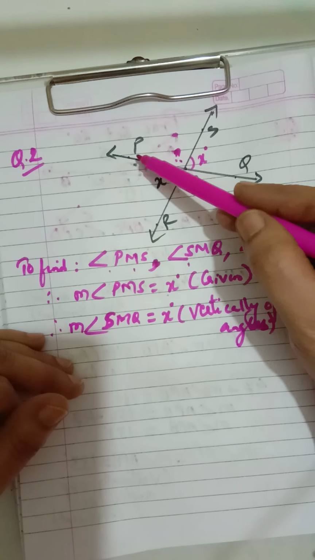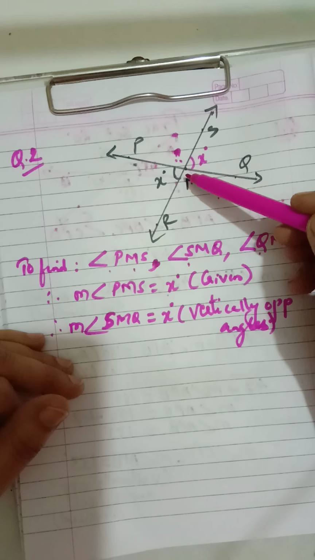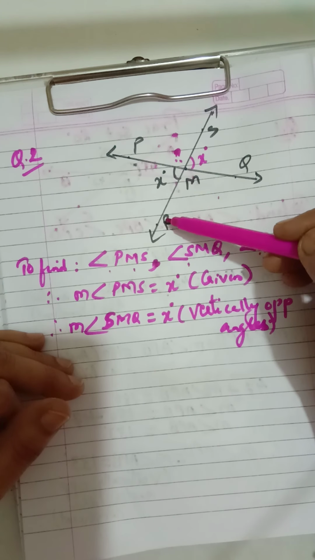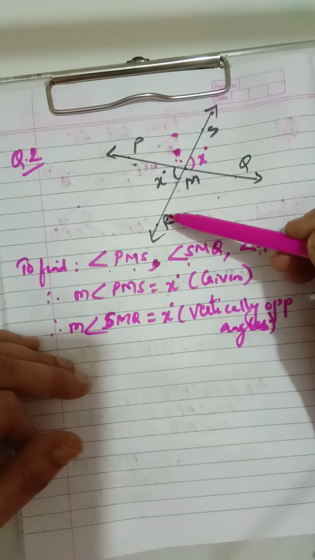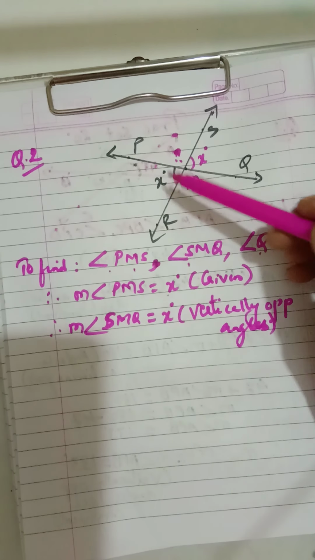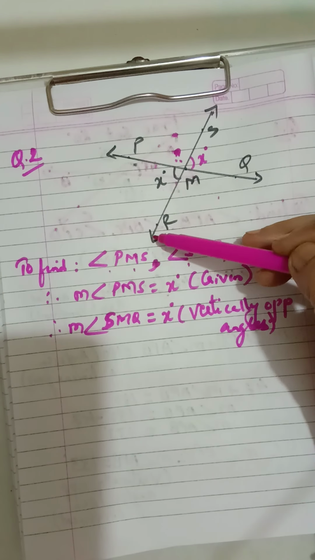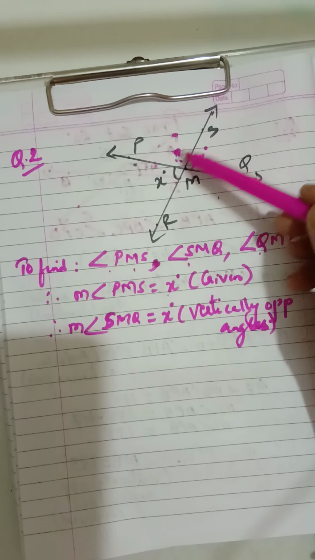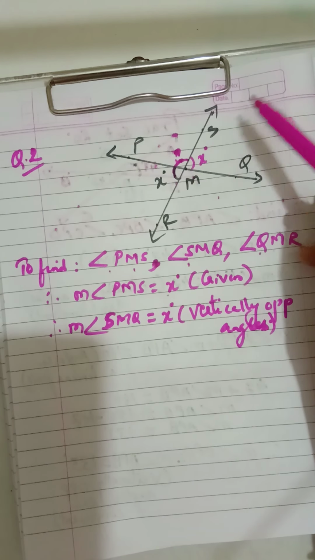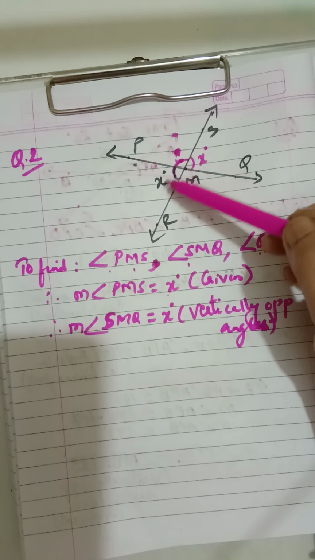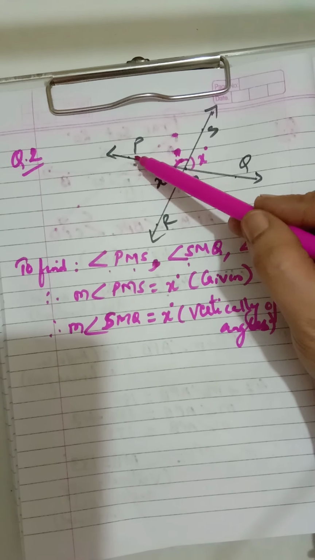Angle PMR is already given, that is x degree. So angle PMR and angle PMS, what are they forming? Linear pair. Which two angles? These both angles. What is the name of this angle?